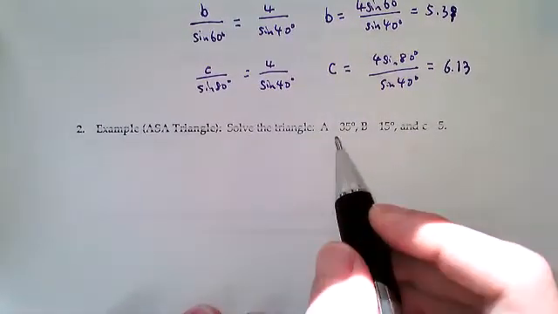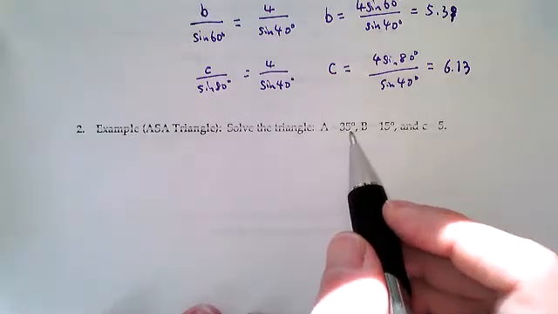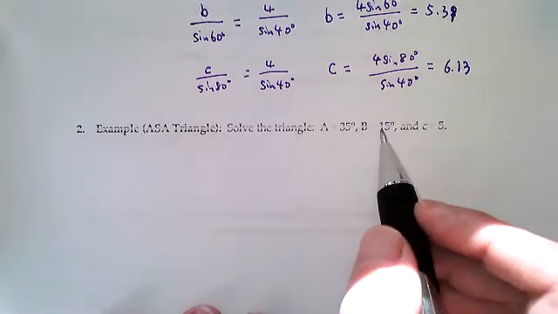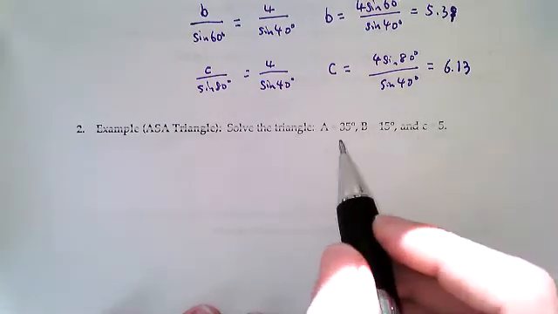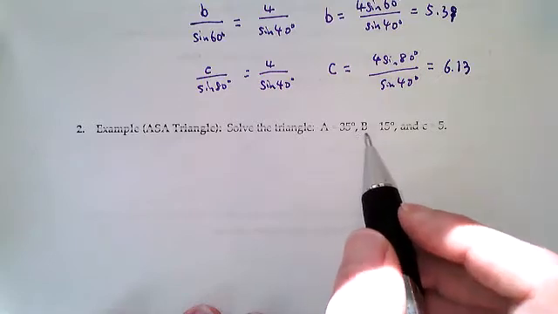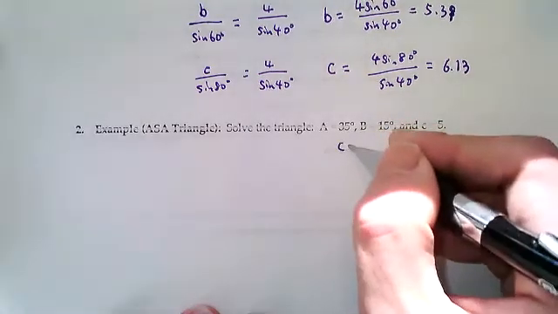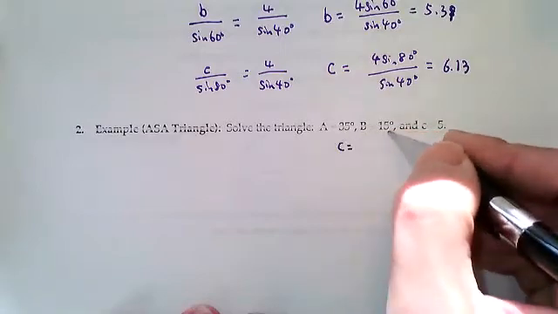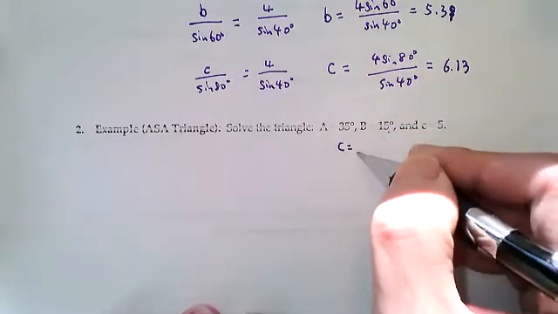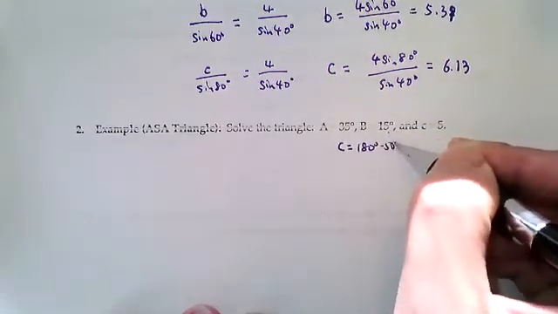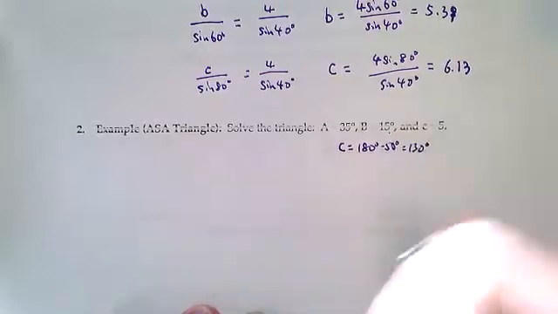Let's continue. So this triangle, A, B, C. Very similarly, once you see A and B, you can figure out C. So A plus B is 50, so C is 180 minus 50, which is 130.